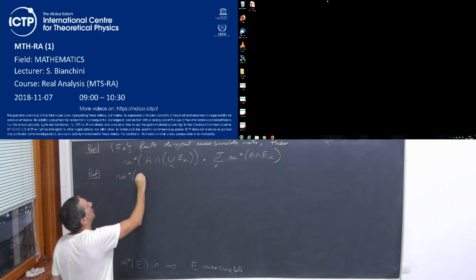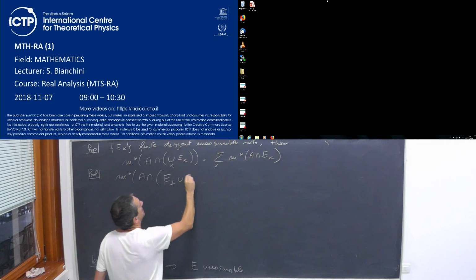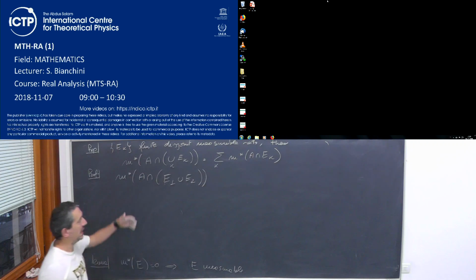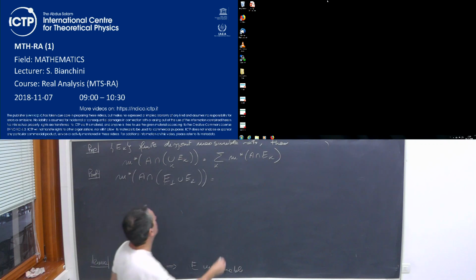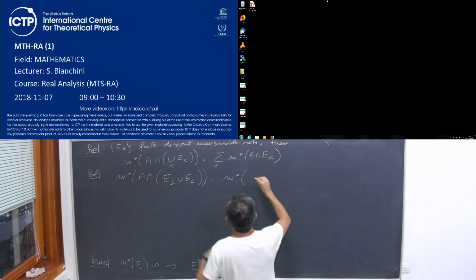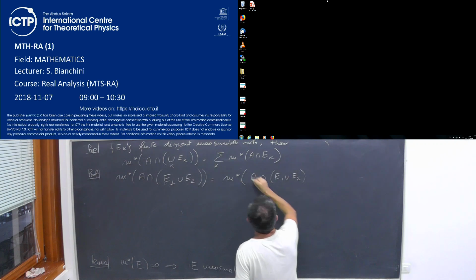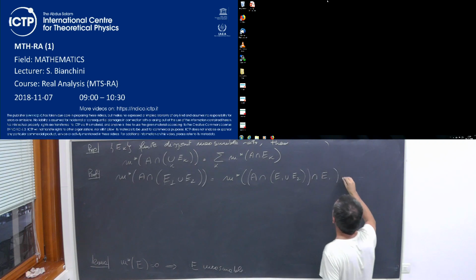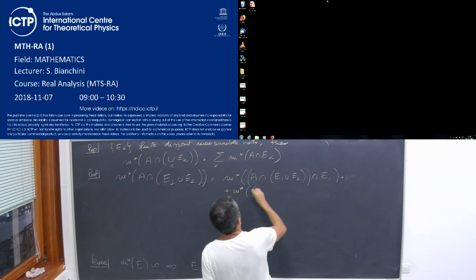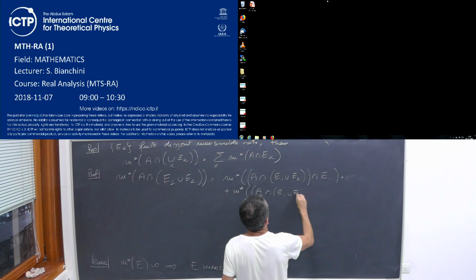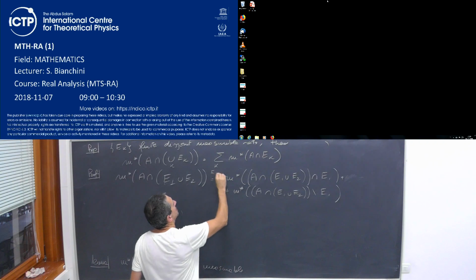So M star of A intersection the union just by I2. Because then you can iterate. Okay, now U1 is measurable, so I can say that it is M star of A intersection U1 union E2 intersection U1 plus M star of A intersection U1 union E2 minus E1. And here I'm using that E1 is measurable.